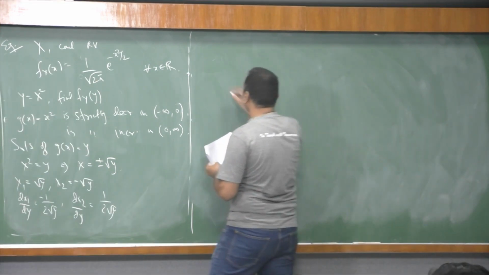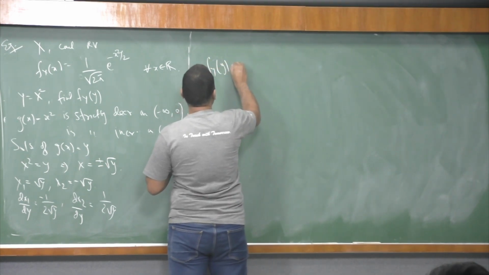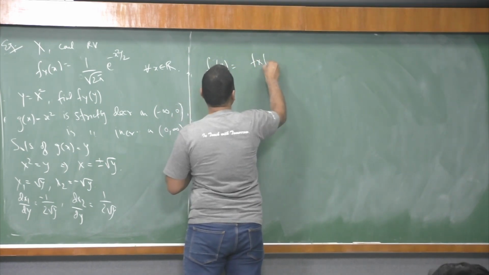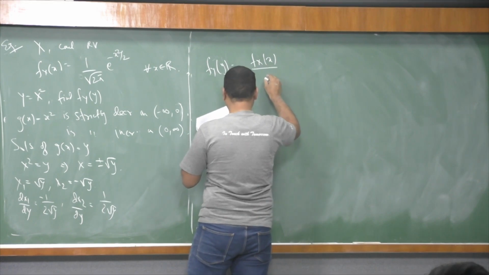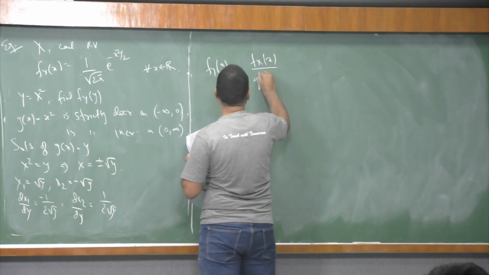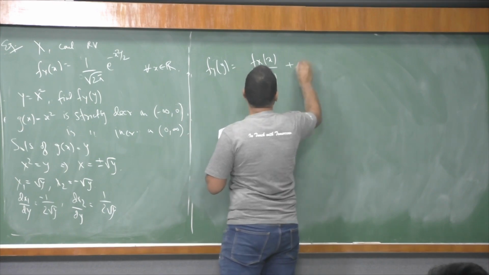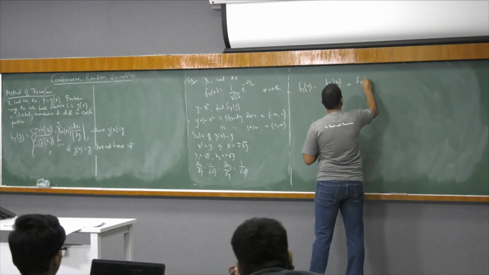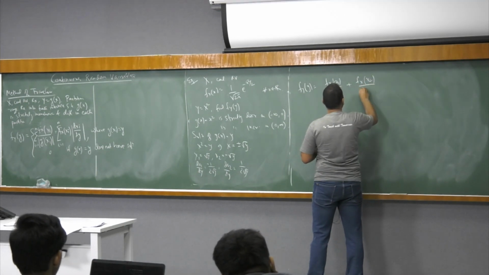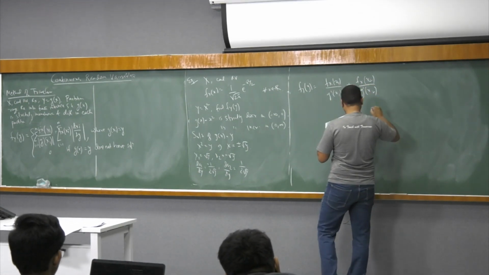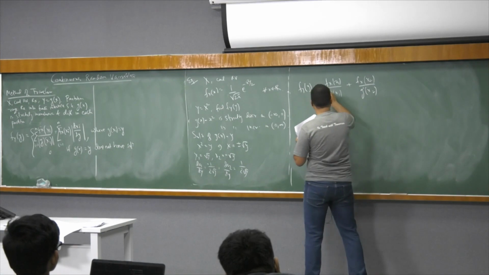So we have f_Y(y) equal to f_X(x1) by g prime of x1, plus f_X(x2) by g prime of x2, and we have to have the mod.